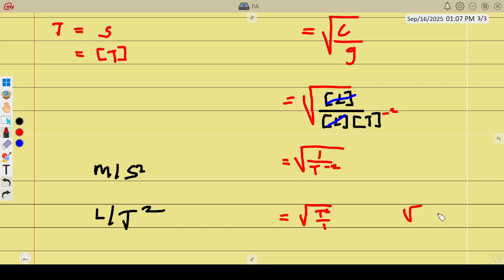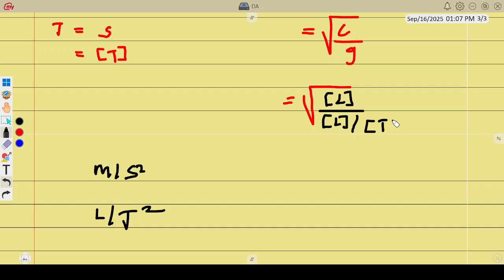But just in case you have forgotten the rules of indices, let's redo this. I cancelled early, so before we cancel, let's write it step by step. This is L over T, we have L over T squared.